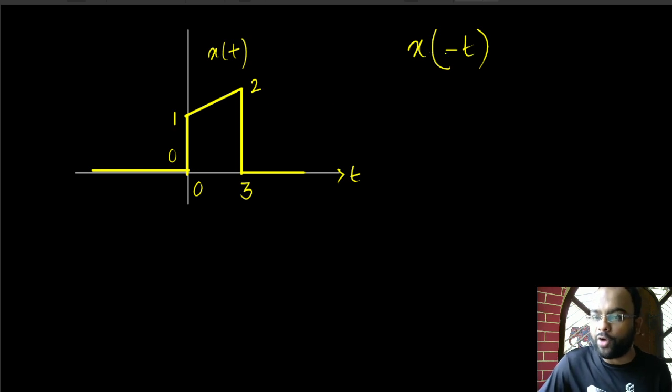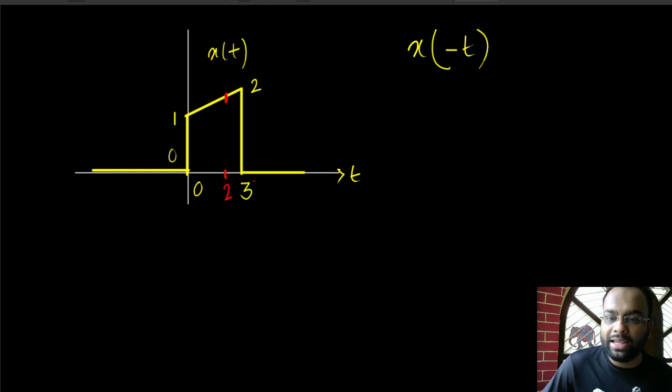For x(-t), the same thing will happen. If I ask you the value of the signal at t equal to 2, it is somewhere between 1 and 2. The same thing will happen for this signal at t equal to -2.